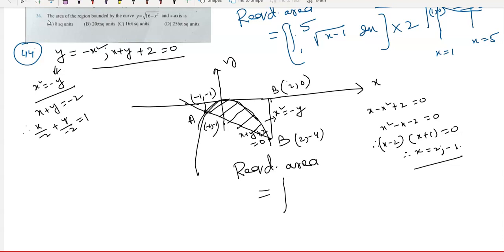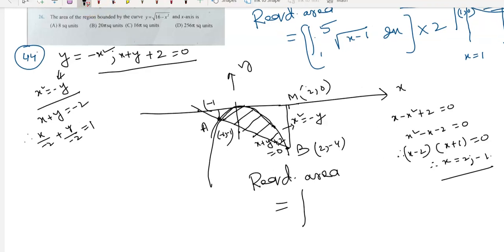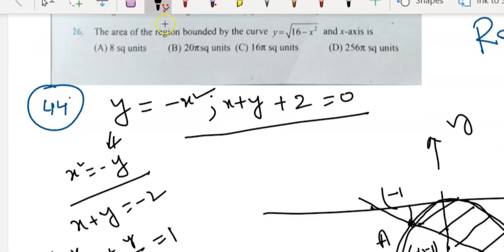So this point is 2, 0 and this point is minus 1, 0. If you take M and this one L, so you got it.